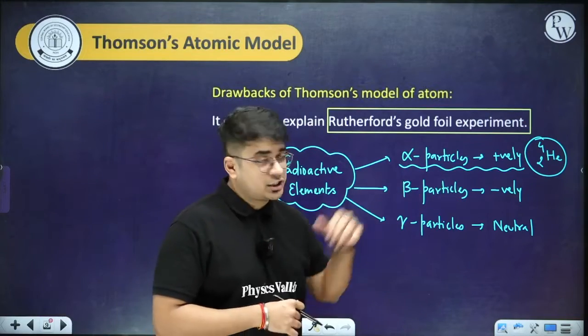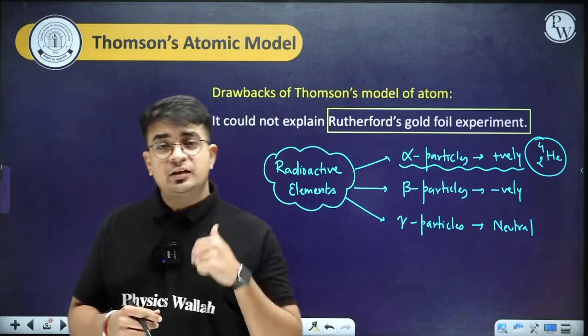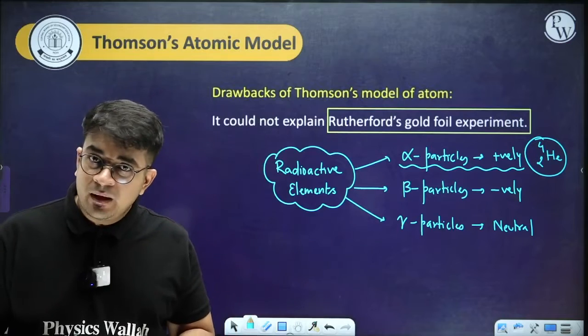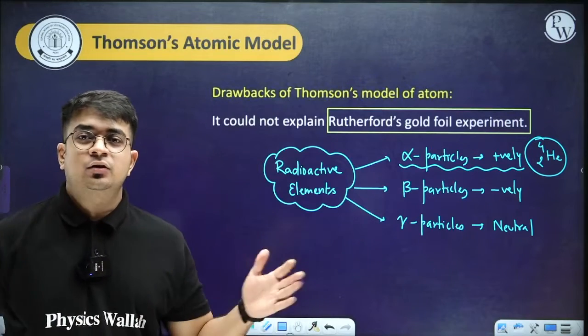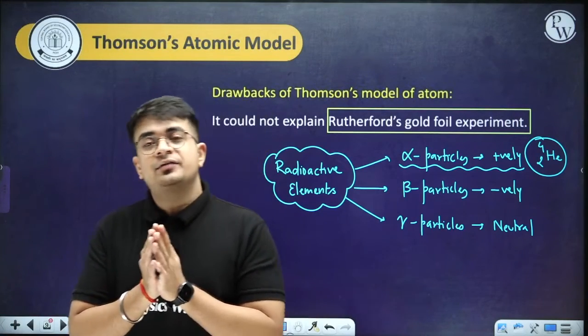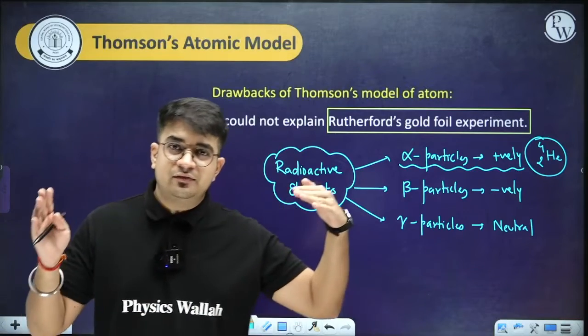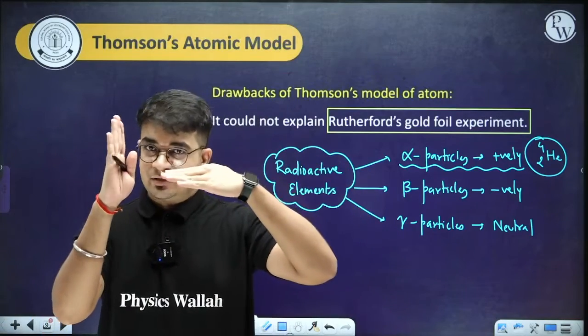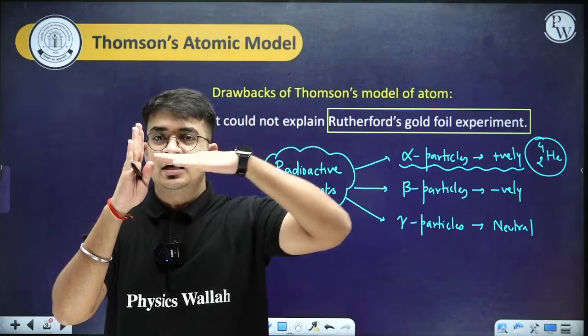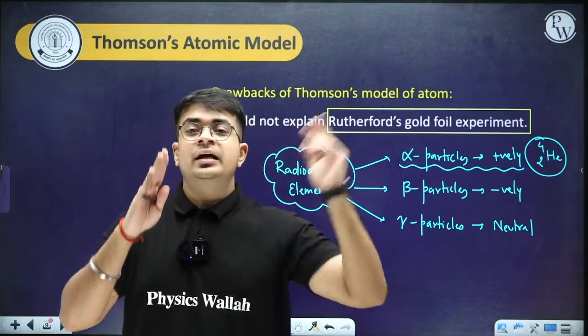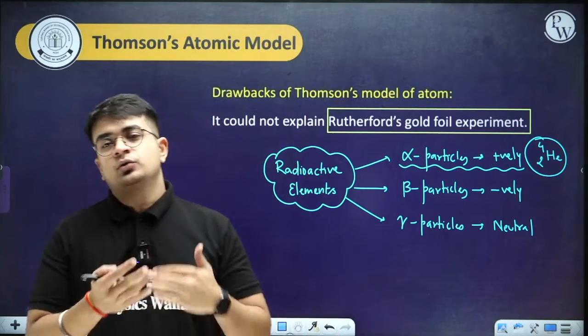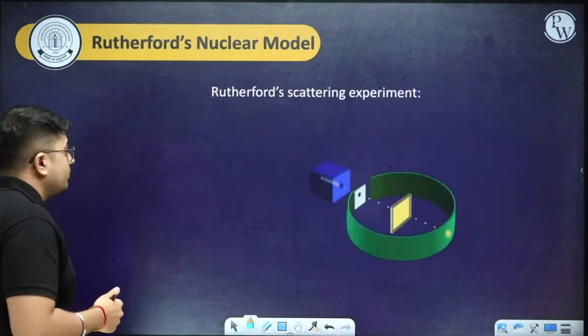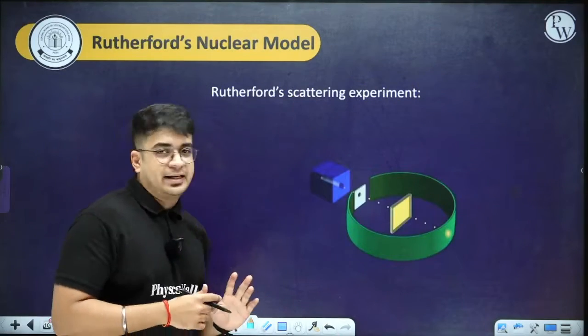Being positively charged, they are going to interact with the positive charge of the atom, and when same charges strike together, there will be a force of repulsion, so it's going to show certain deflections. So he was trying to study that, and that is nothing but Rutherford's scattering experiment.